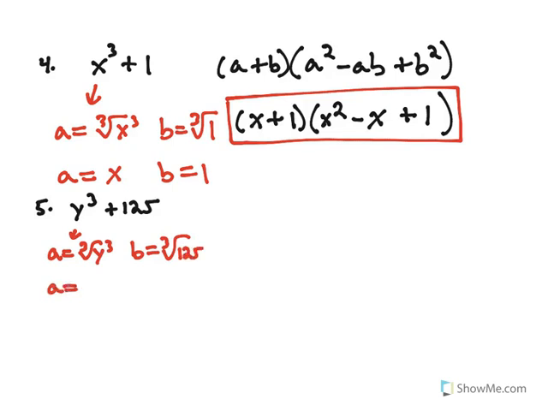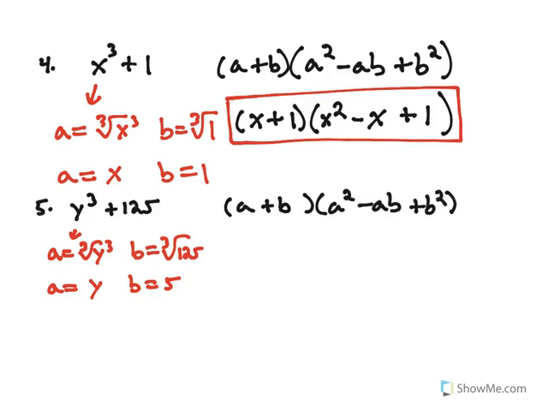So the cube root of y cubed is just y, and then the cube root of 125 is just going to be 5. So now we just need the right formula. Again, since it's the sum of two perfect cubes, it's going to be A plus B, okay, and then that's going to be A squared minus AB plus B squared.